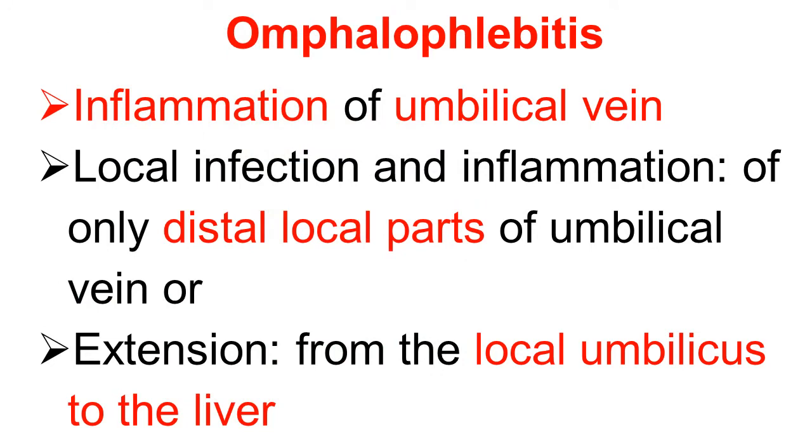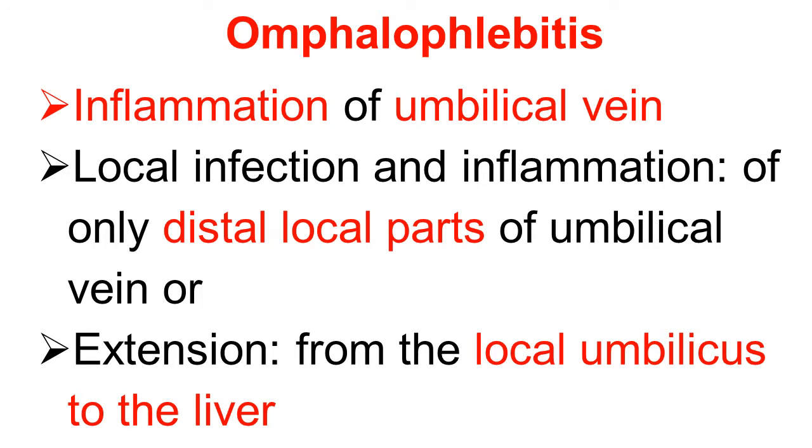Introduction on omphalophlebitis. You know that the umbilical vein extends from the navel to the liver, so it has a long course. Inflammation of the umbilical vein is called omphalophlebitis.